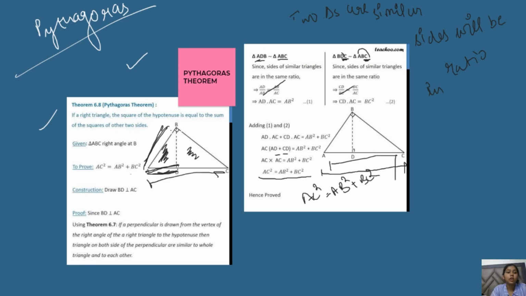You have nothing more to do; this is the easiest theorem we have ever seen. You just have to know that triangle ADB is similar to triangle ABC. People may wonder why B is placed at the third side in the first one, and in the second one it is placed in the second.